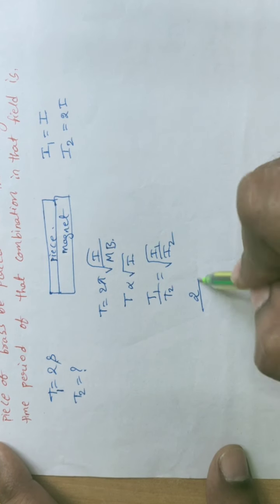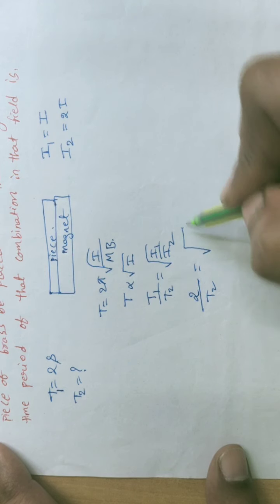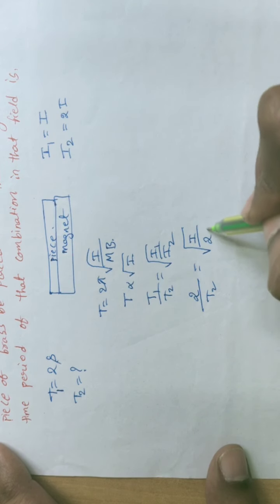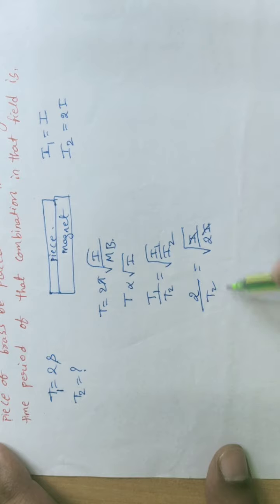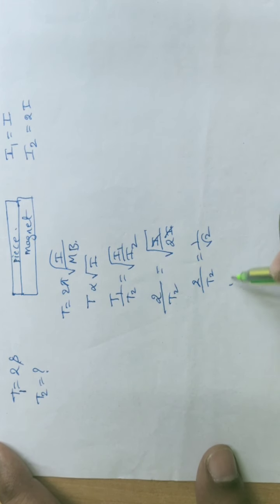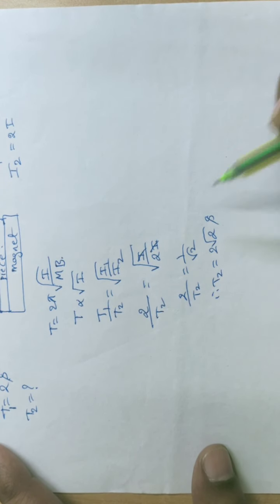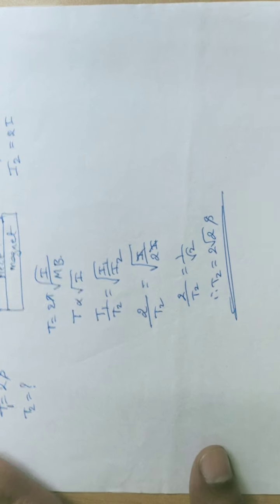Here T1 is given as 2 and T2 we want to calculate, that is equal to root over I divided by 2I. So this cancels, students, then 2 divided by T2 is equal to 1 by root 2. Therefore T2 is finally 2 root 2 seconds. The answer becomes 2 root 2.